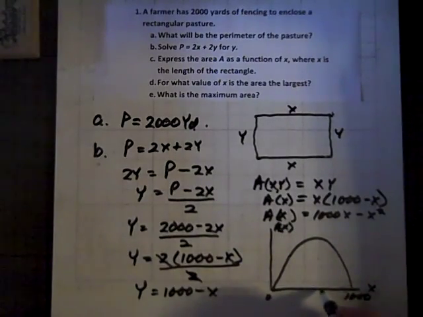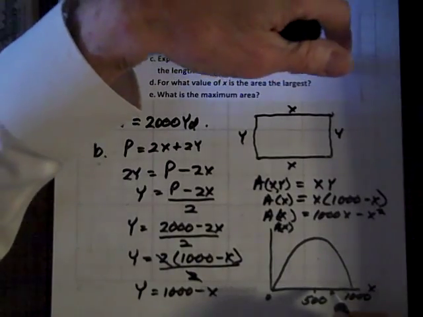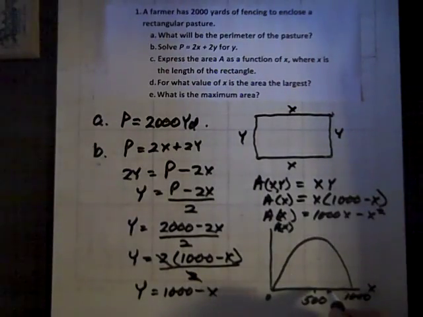And the vertex, for a parabola opening down or up, always occurs halfway between the two x-intercepts. So what's halfway between 0 and 1,000? Well, 500. And so that's the value of x which will give this the largest area.